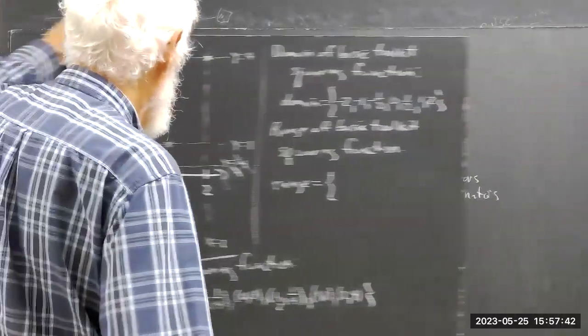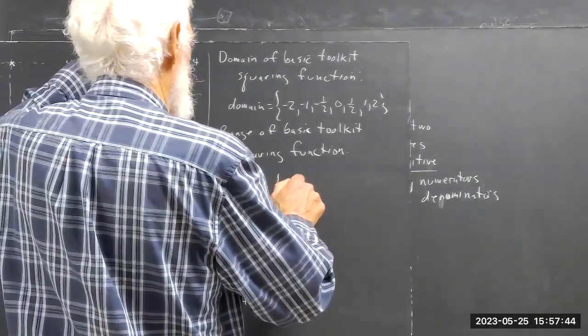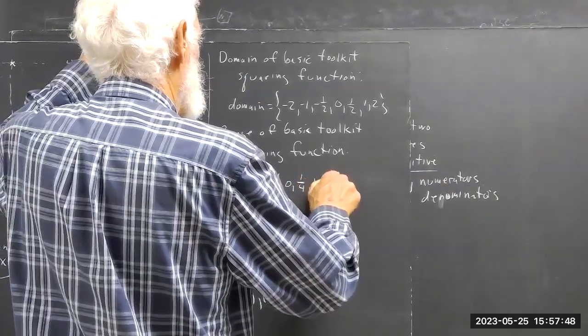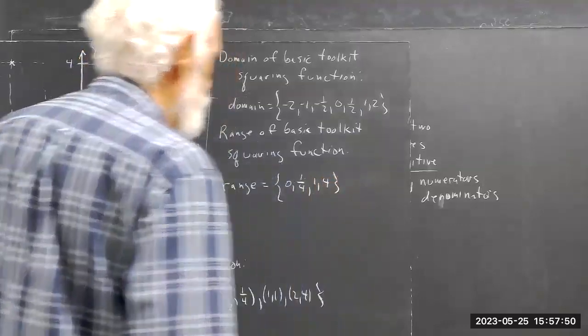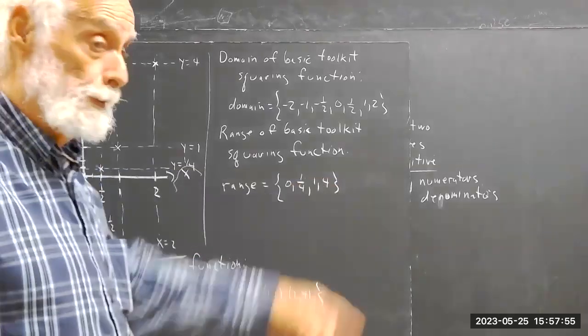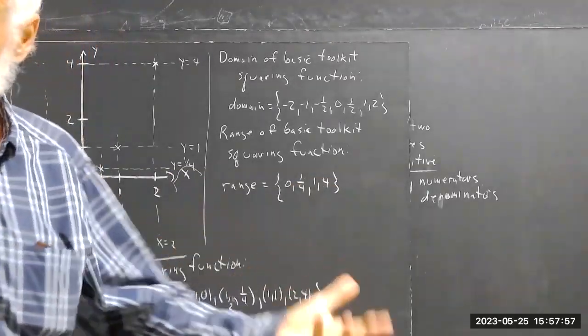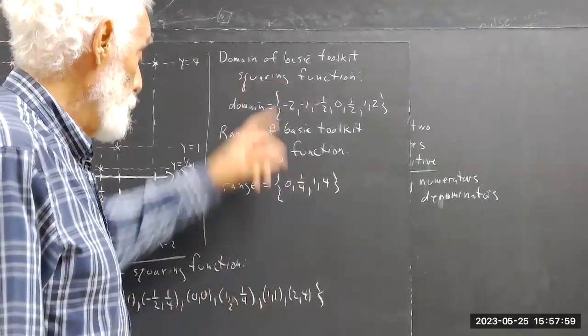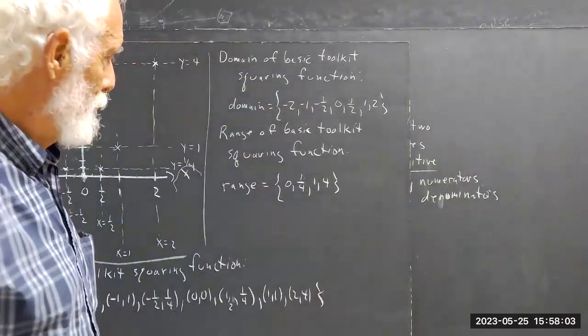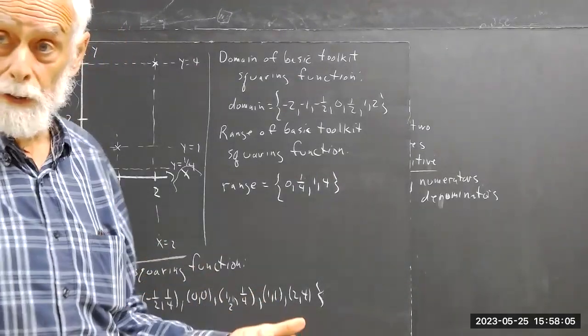It's the set of the numbers 0, 1/4, 1, 4. Why don't we list these numbers twice? If they occur twice, and we do list them twice in the domain, it seems like they ought to be listed twice, but that's inconsistent with what a set is.